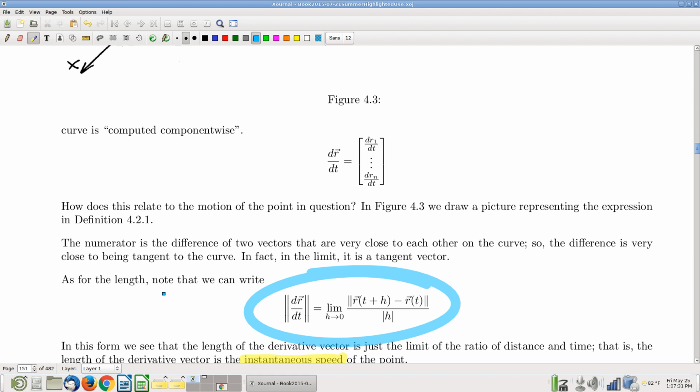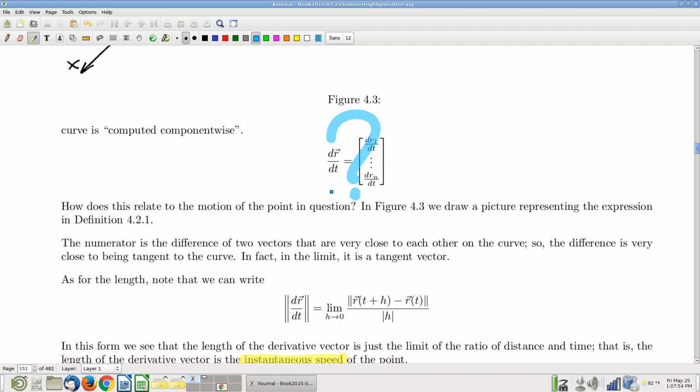Well, that's just the distance traveled along the curve. That's how far it is from here to here. That's a distance. And this represents the time difference between t and t plus h. So distance divided by time, that's speed. Right, so we know two things about this derivative then. This derivative vector, on the one hand, it's a tangent vector.